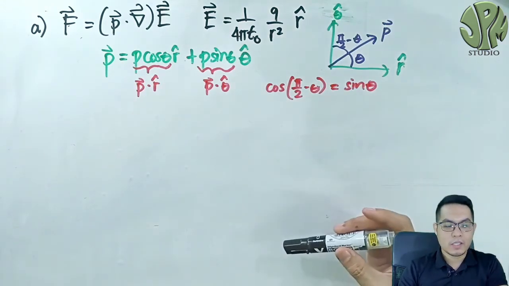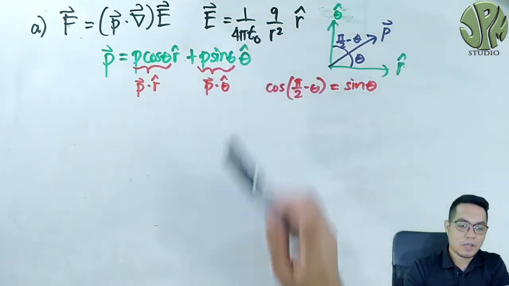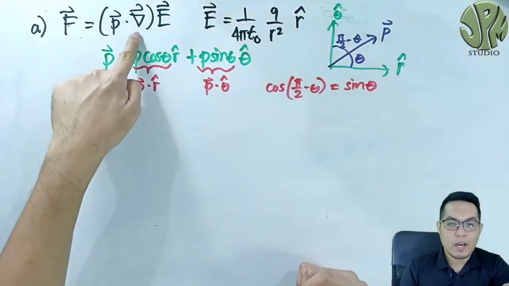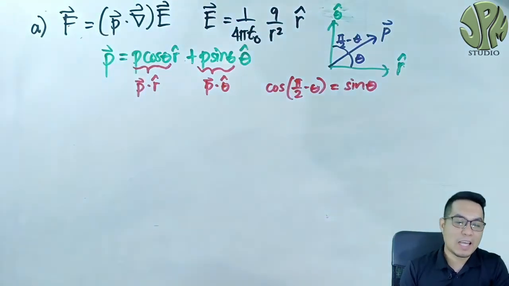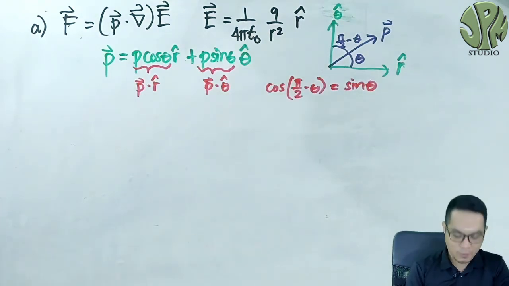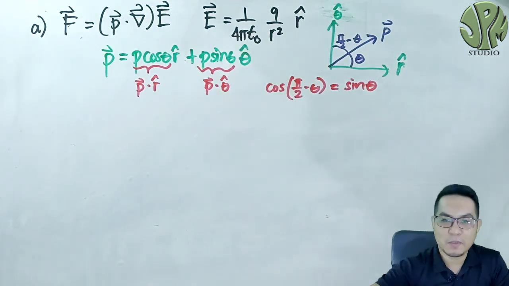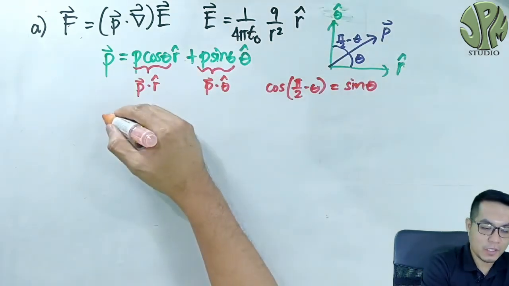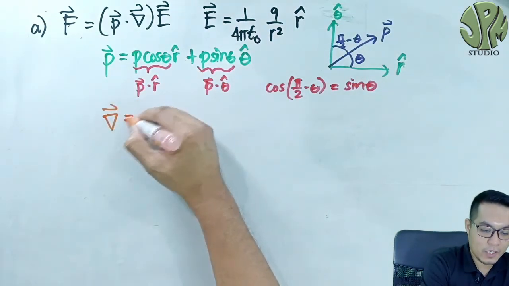Okay, so that is our p, and this is our E. We now have one operator left, the del operator. Since we are working in spherical coordinates, it is advisable to write our del operator in spherical coordinates.